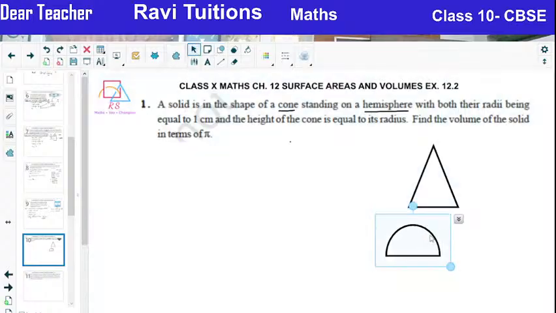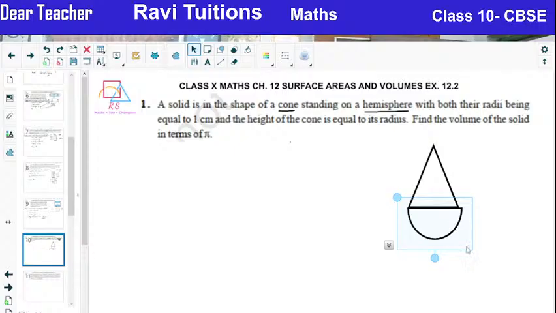So I have to put it on the hemisphere. It is not attached, it should attach.